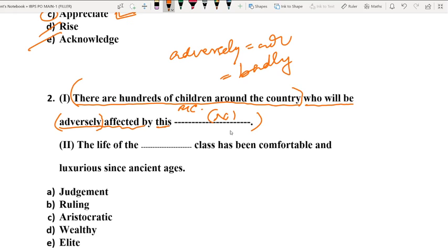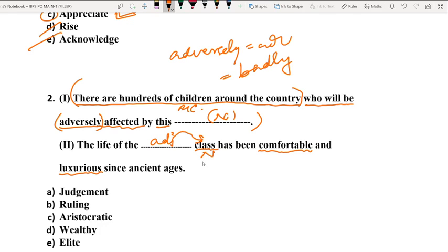So now a word will come into the first blank, and that word will negatively affect hundreds of children in the country. Okay, fine. So let us go to the second one. The second sentence says, the life of the dash class. As I told you a few minutes back, class here functions as a noun, and obviously we need an adjective here which should describe this noun and answer the question what kind of class, which class. The life of the dash class has been comfortable and luxurious.